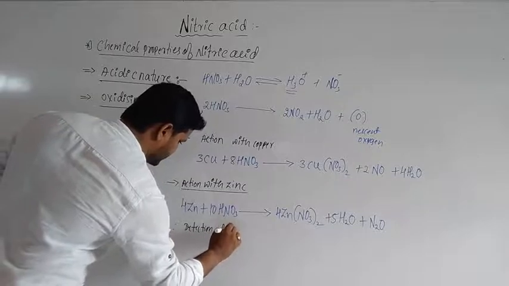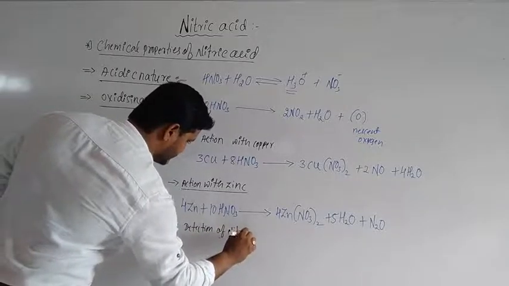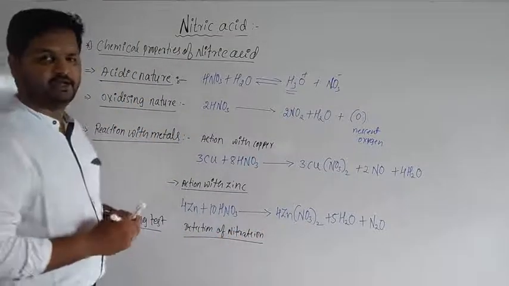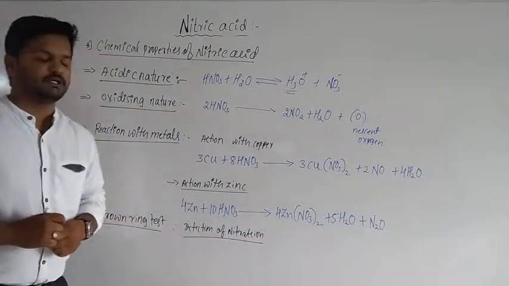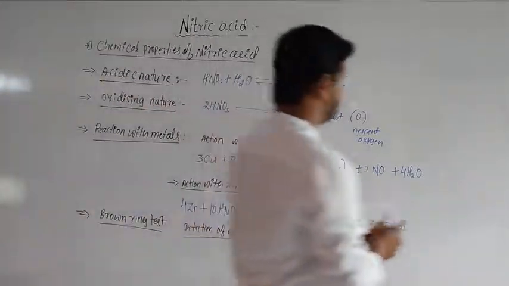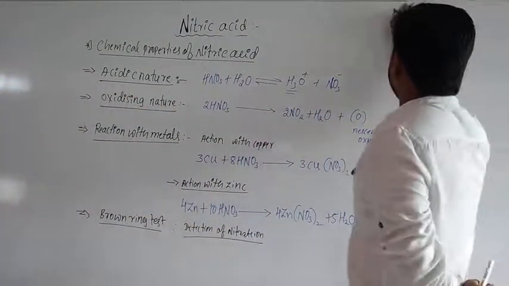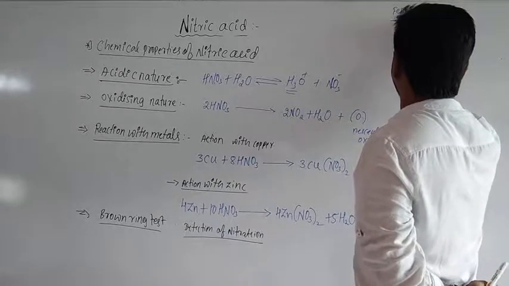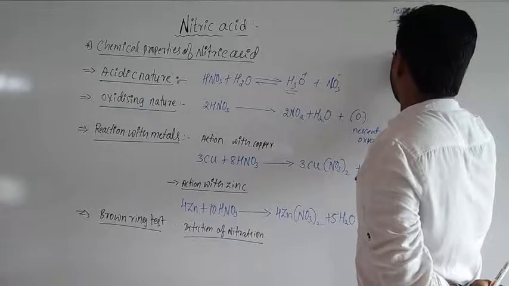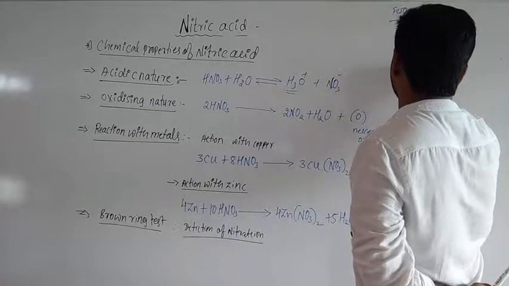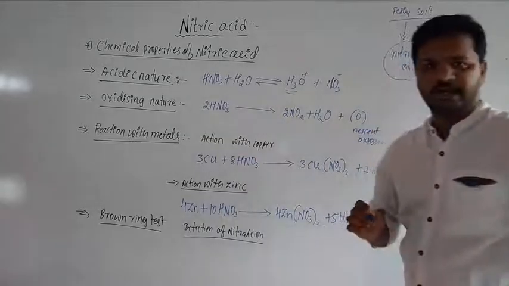The brown ring test is a simple test. For example, FeSO4 solution is added to the solution which contains the nitrate ion.